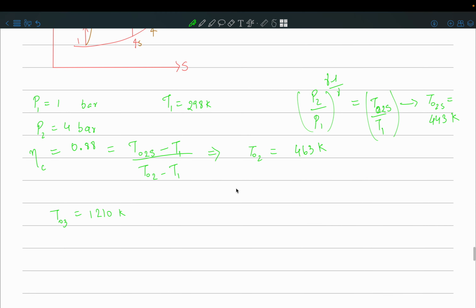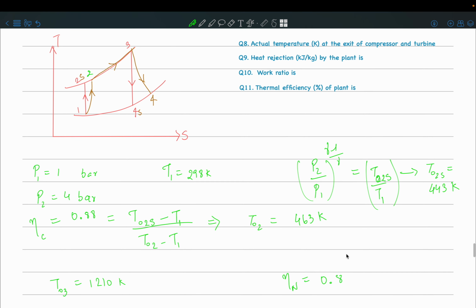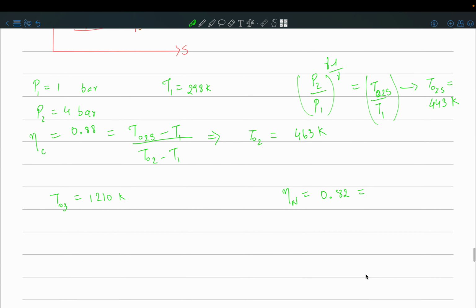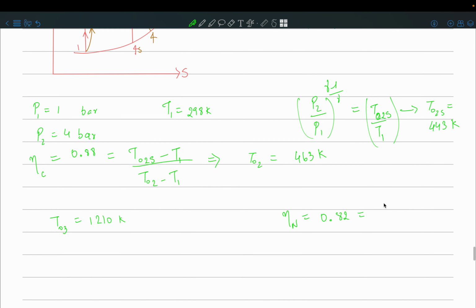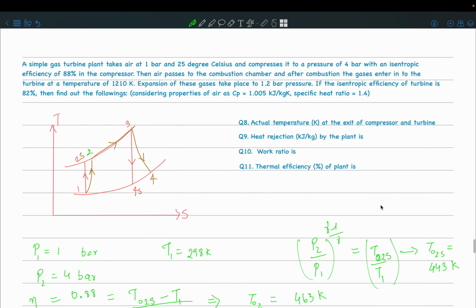So eta nozzle is equal to 0.82. And what is the definition in terms of temperature? Definition in terms of temperature for nozzle? Oh, it's not nozzle, it's turbine.